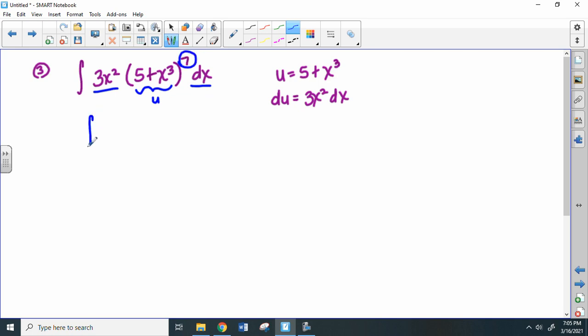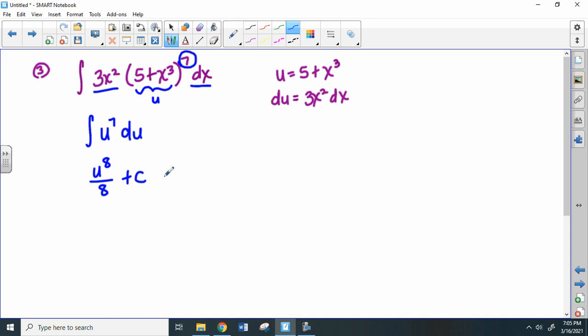So when I rewrite it, I have u to the 7th. The 7 is still part of my problem, and then everything else turns into du. And now I have a power rule. I can literally just apply the power rule, so I'm going to add a power and divide by the new power and add c.